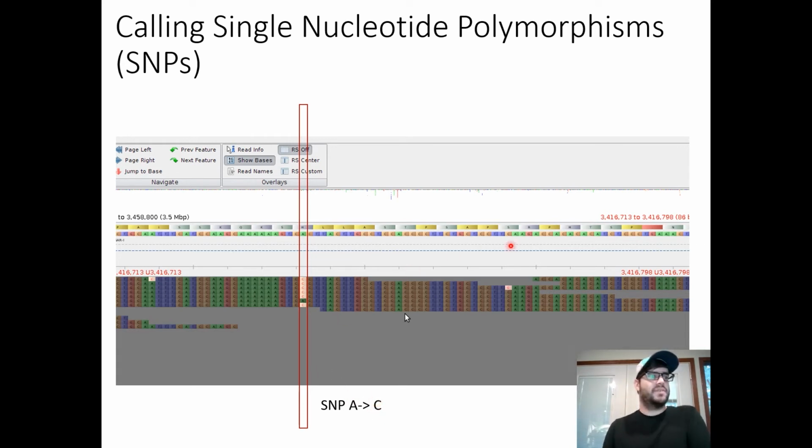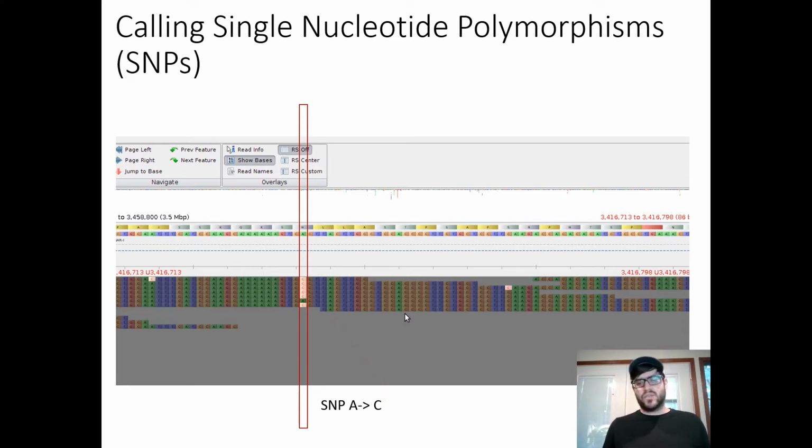And so in this example here, we have our reference genome here, and we can see at this position the reference is an A, and then each one of these is going to be an Illumina read that is aligned to that reference. And you can see here that all these reads except for this one are C. And so what we would say here is that this individual has a SNP, or a single nucleotide polymorphism, from an A to a C, where the reference line is an A, and the accession, or the individual we've sequenced, is going to be a C. And so these are the most common.